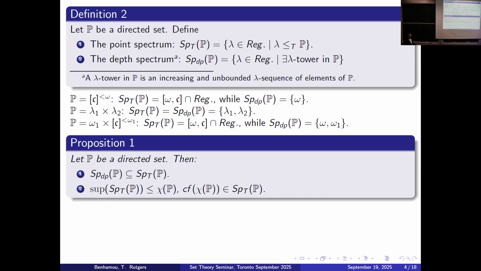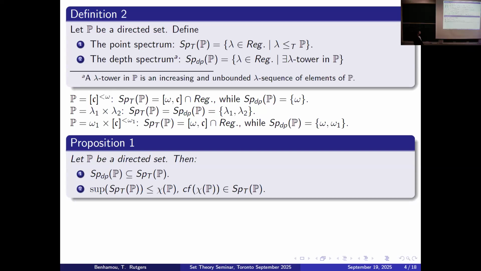That's a kind of pigeonhole argument. You take any regular lambda which is greater than the character, then whenever you give me lambda many elements, I can find one element of the base which gets above lambda many of them. So they're going to be bounded, and so any regular lambda above the character is not going to get into the spectrum.